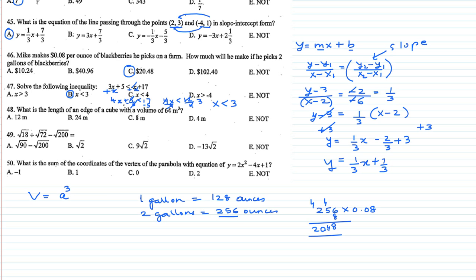If A is the side of the cube, then the volume of the cube is A cube, because all the sides are of the dimension A, and the volume is A times A times A. So what we have been given is that A cube is equal to 64 meter cube.